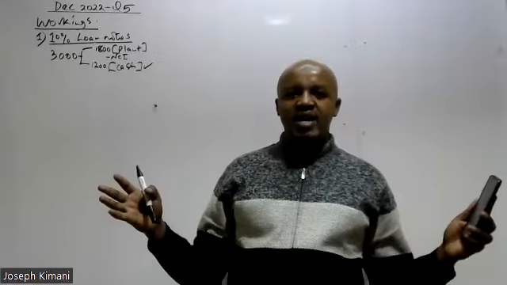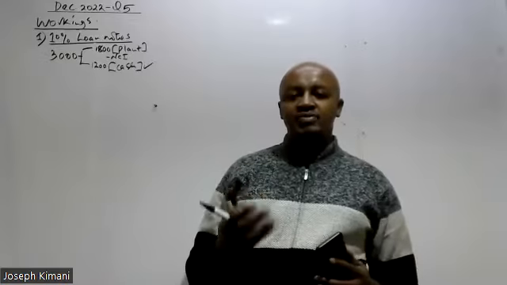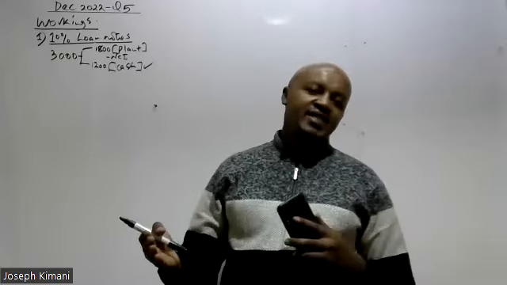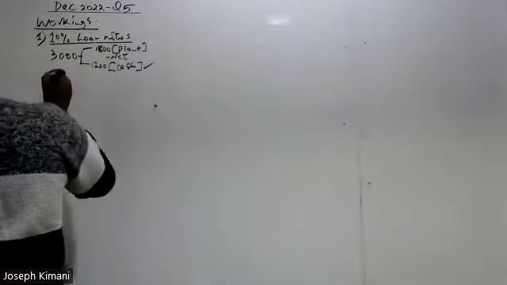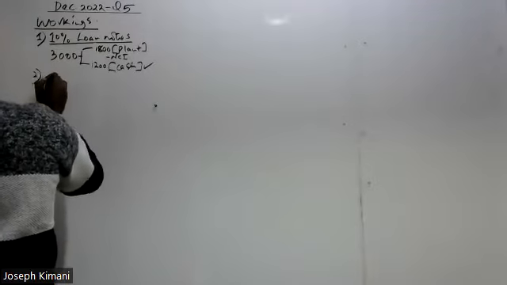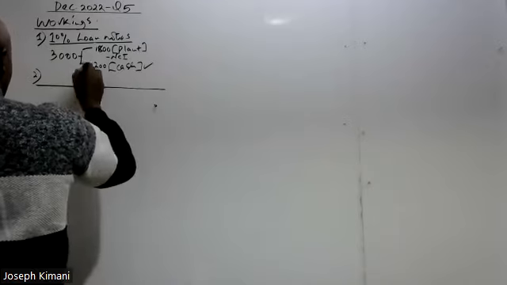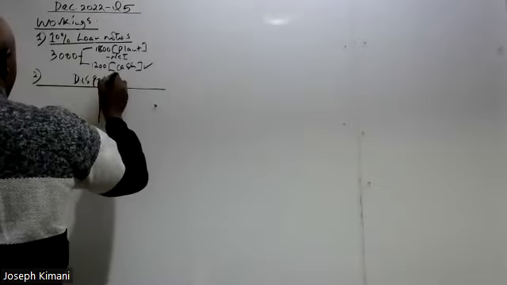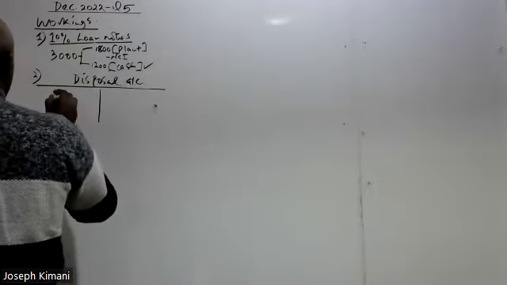Remember, anytime the company sells an asset, you have to prepare the disposal account to determine whether that asset was disposed of at a gain or at a loss. This account is prepared to determine whether this asset was disposed at a gain or at a loss.